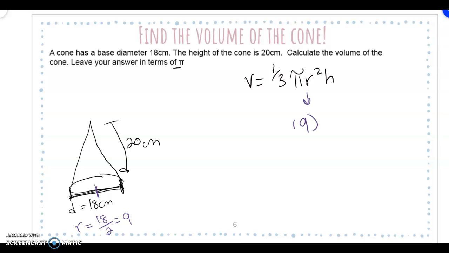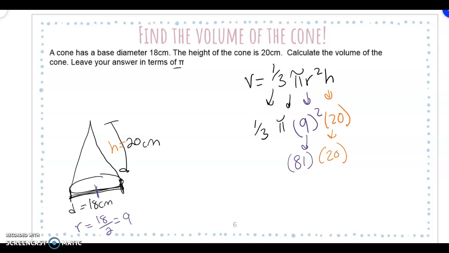So my radius is 9 squared. My height is going to be 20. Bring everything else down. 9 times 9 is 81. And I need to multiply that by 20.